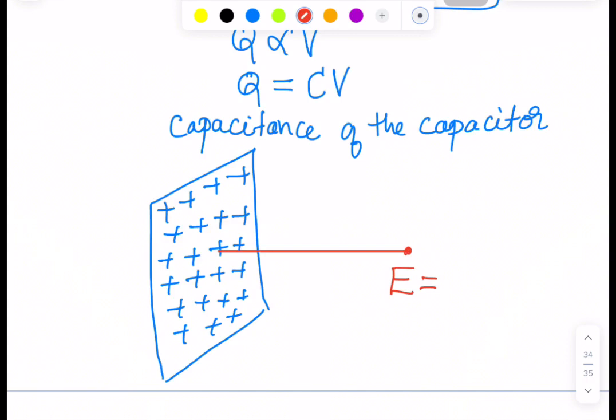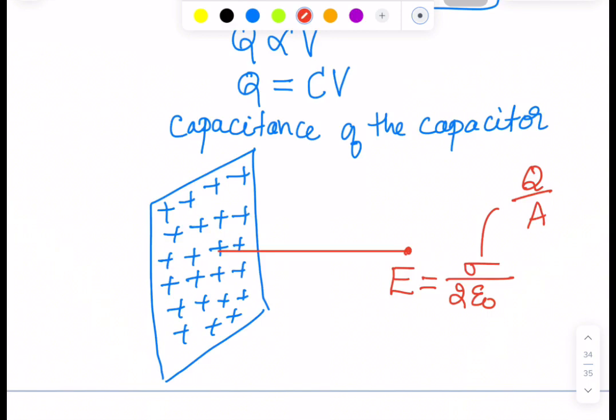The electric field at a point is given by sigma by 2 times epsilon naught, or half of sigma by epsilon naught, where sigma is the charge density of the plate, which is Q by A, and epsilon naught is the permittivity of free space.